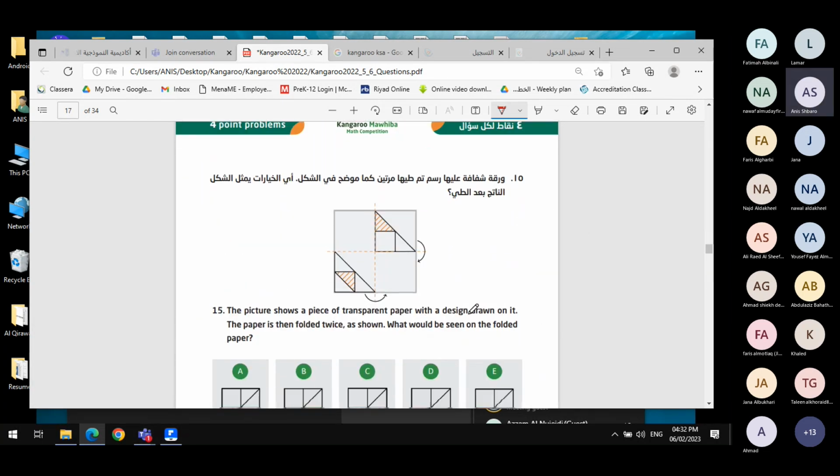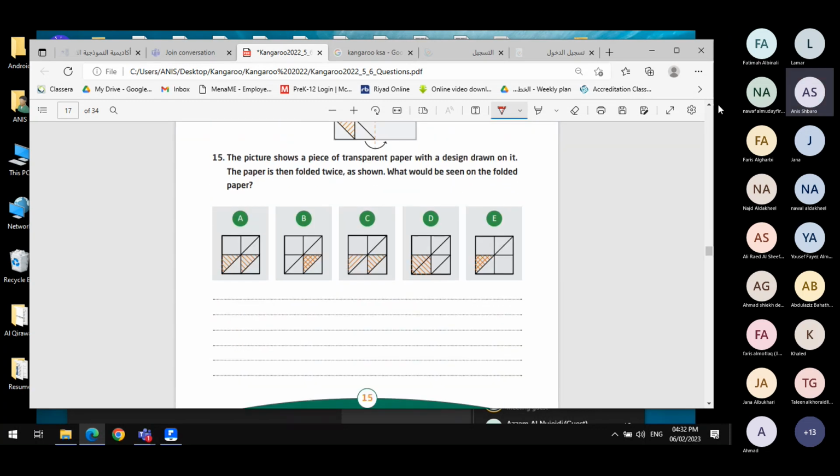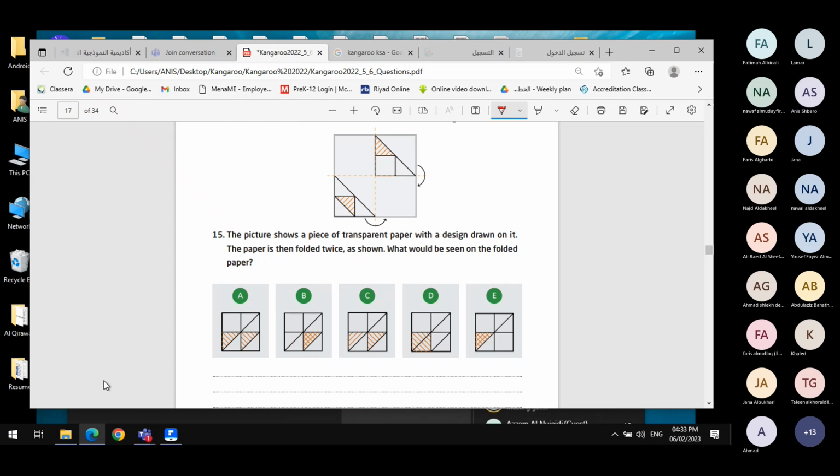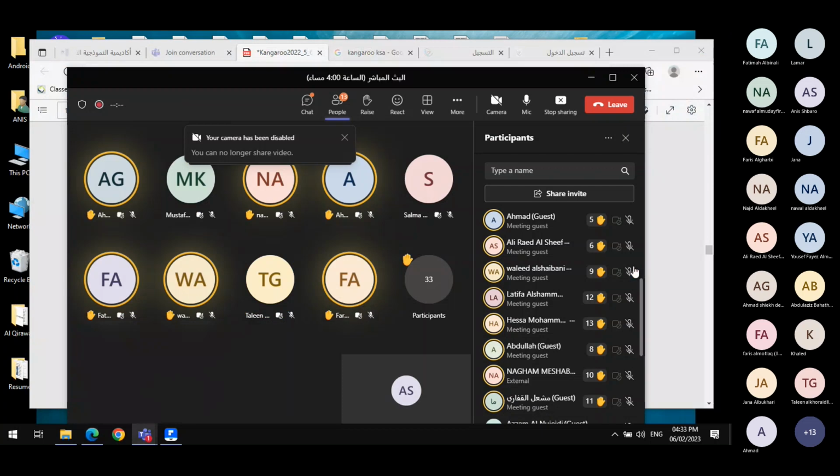Okay, so we are going to move to number 15. Also a hard question. Now I'm going to choose Hisa.